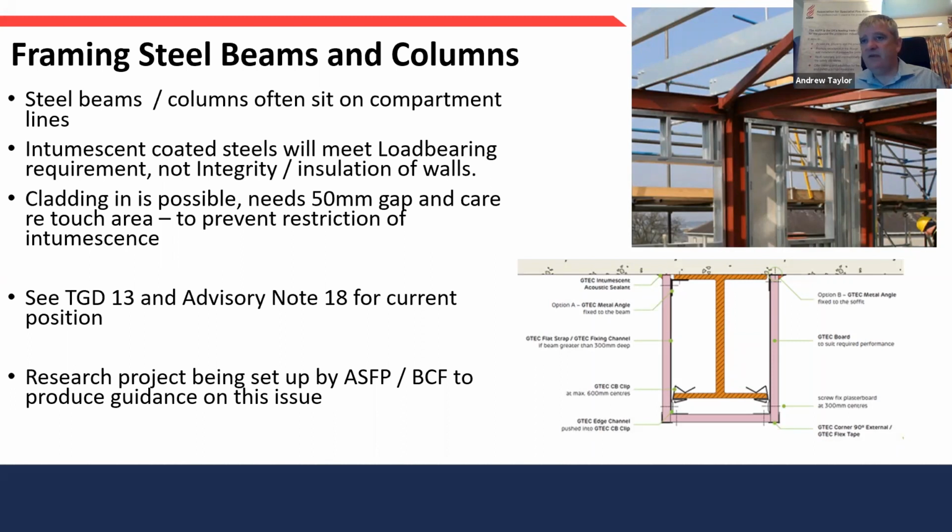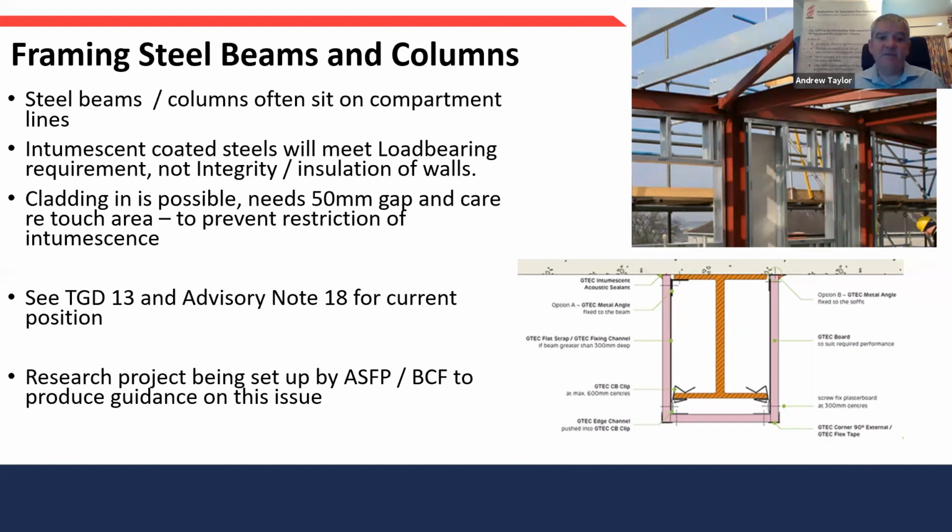At the moment cladding in is possible. We need a 50 mil gap and care regarding the touch area, how much of the intumescent is being touched, to prevent the restriction of the intumescent. And we've got a research project underway between ASFP and British Coatings Federation to produce some better guidance on this and how this all unfolds going forwards.